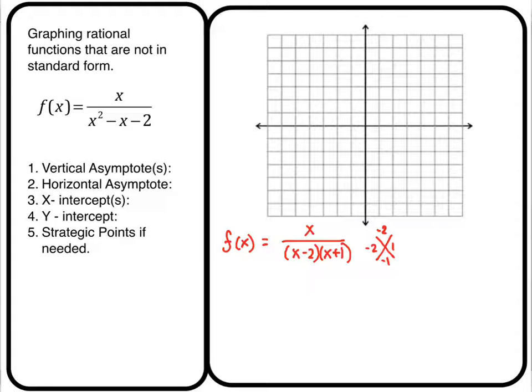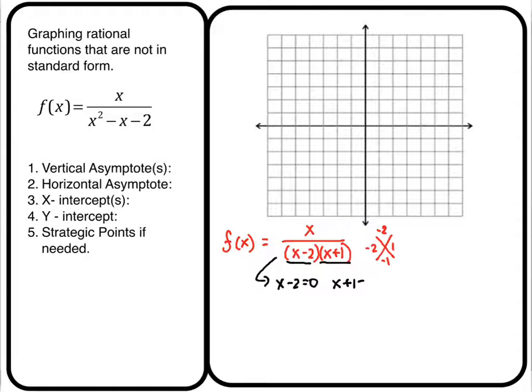Okay, so I'm looking for the things that are going to make the bottom zero, because we know division by 0 is bad. I look over here and see if I can cancel anything out between the top and the bottom, but obviously I can't here. So I'm going to set these equal to 0.